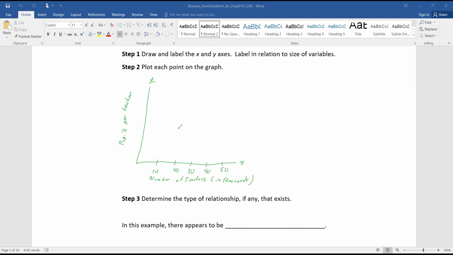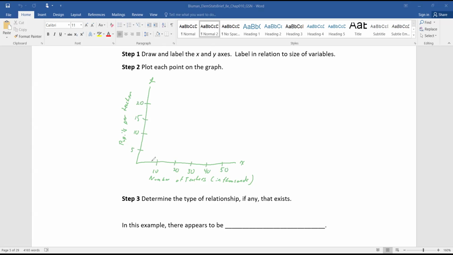And then I see pupils per teacher, I got 9.2 all the way to about 18.3, so I think I'm just going to go by fives. There we go right there. And then I'm just going to graph it.